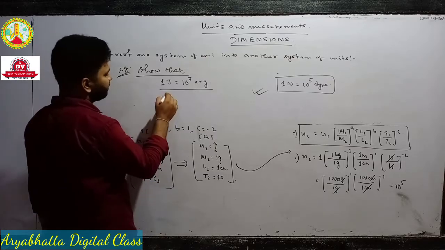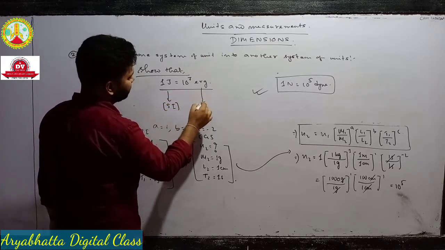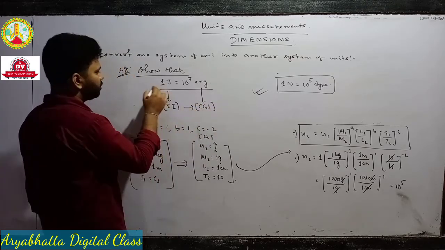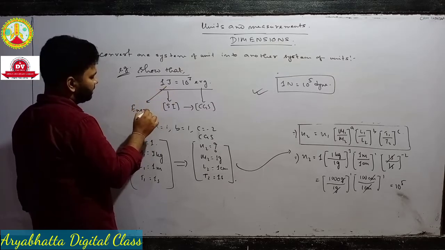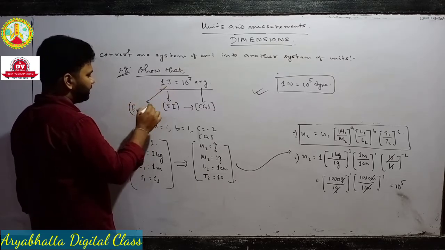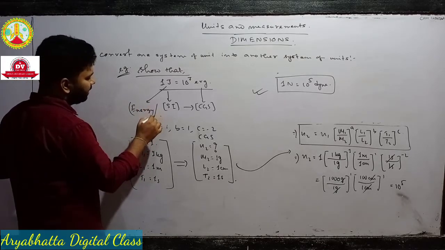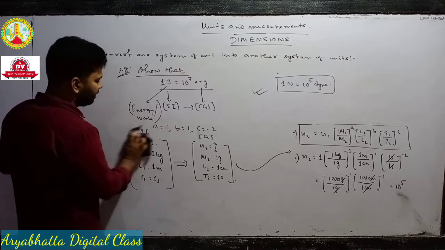So joule is in the SI system and erg is in the CGS system. Joule is the unit of energy, or you can say work done. Energy or work, you can say either.